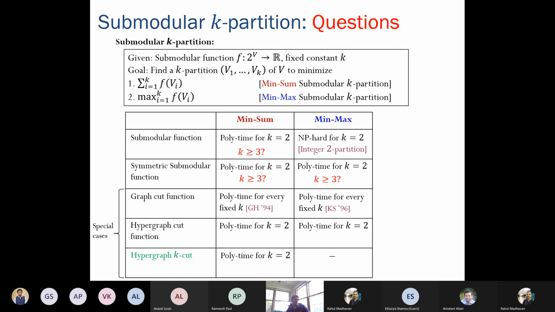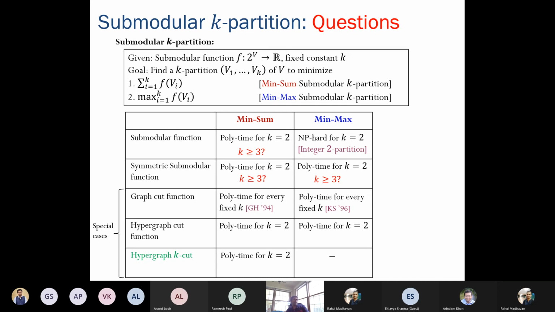What about min sum symmetric submodular K partition for larger constants K? In fact, this has a bit of notorious history.